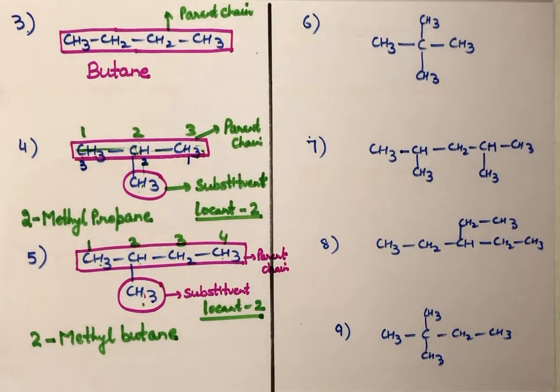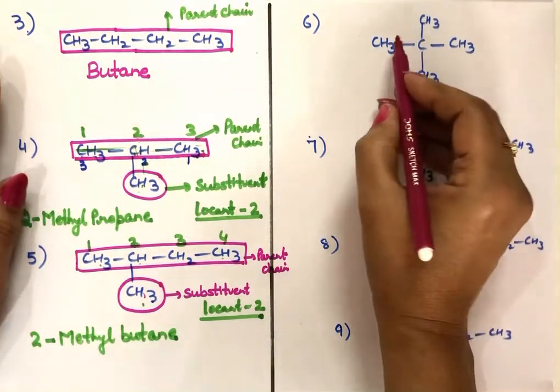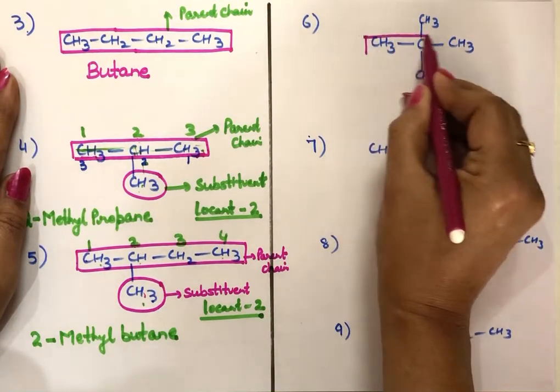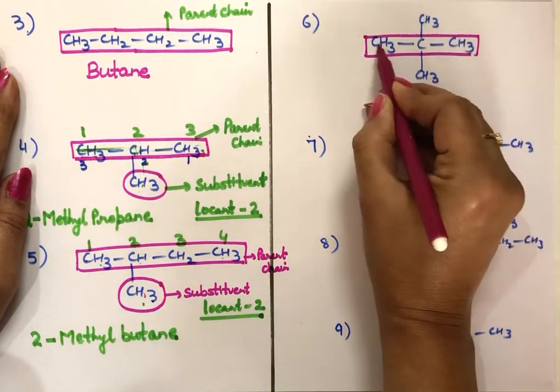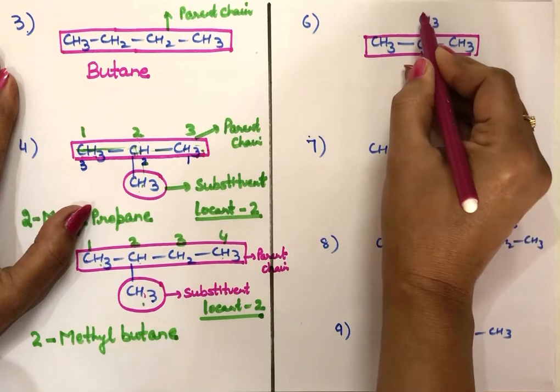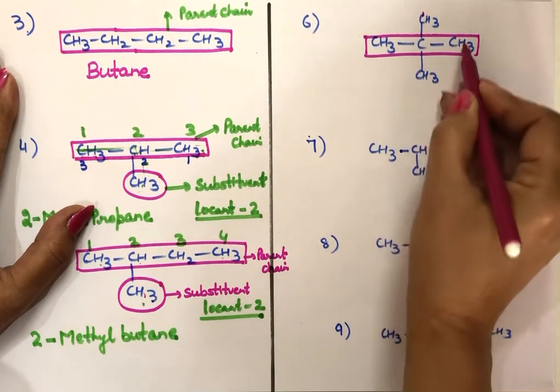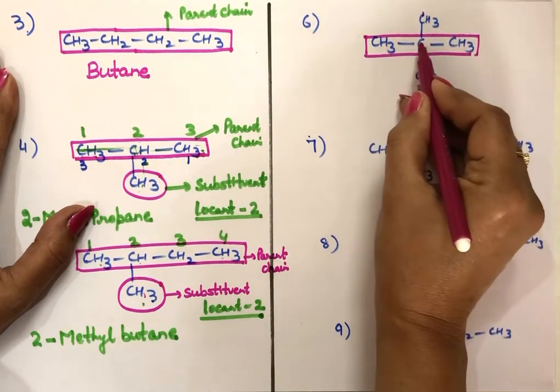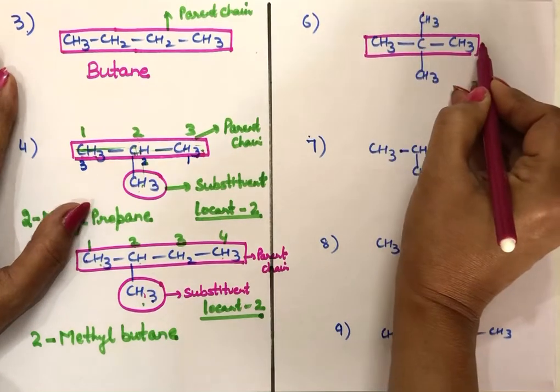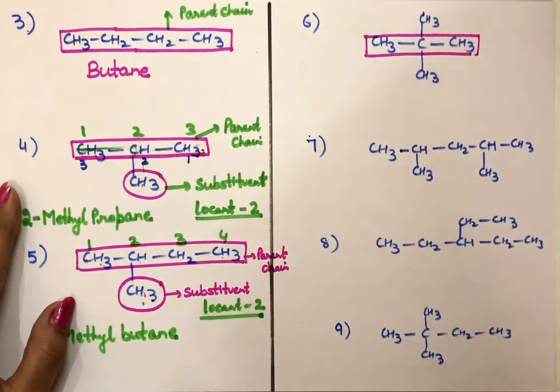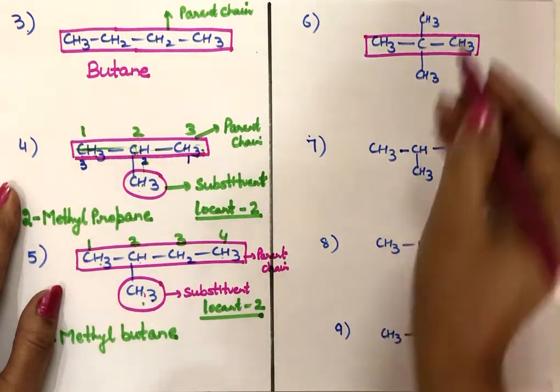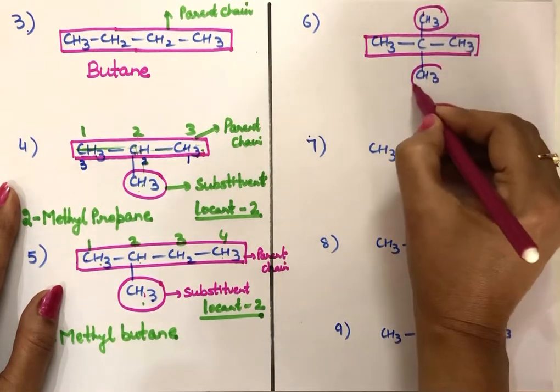Next compound now. In this compound, the parent chain has 3 carbon atoms. This straight chain has 3 carbon atoms, or you can take this also with 3 carbon atoms, or you can take this one or this one or this one. Whichever side you go, you will get only 3 carbon atoms in the longest chain. That is the parent chain.